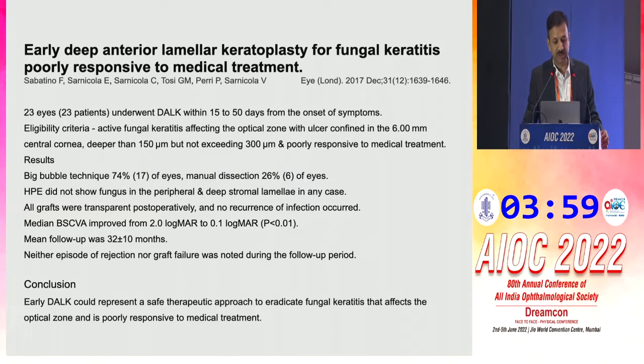But there have been other papers looking at the treatment of fungal keratitis using lamellar keratoplasty. This paper published in 2017 from Italy, where again they used it for smaller ulcers which are confined to the central cornea, the depth not exceeding 300 microns, and they used the big bubble technique.